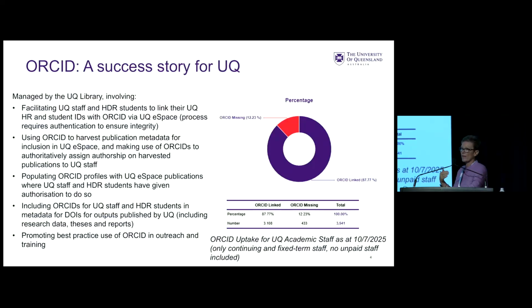We've never aimed for anything close to 100% because of the people on short-term contracts. There's really no point in us getting their ORCID and making them go through that effort. It's mentioned in our policy, so our HDR, higher degree by research students, have to have an ORCID, it's mandated, but for academic staff it's just strongly recommended in our authorship policy. So there are some drivers there from a policy setting perspective as well.